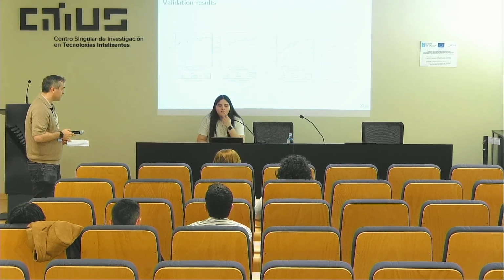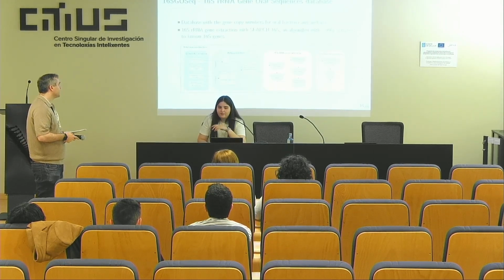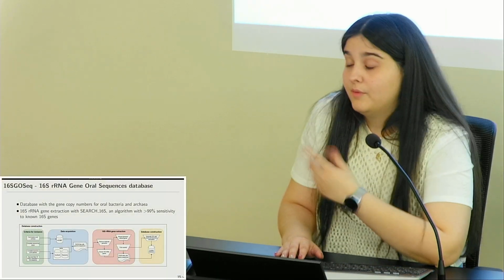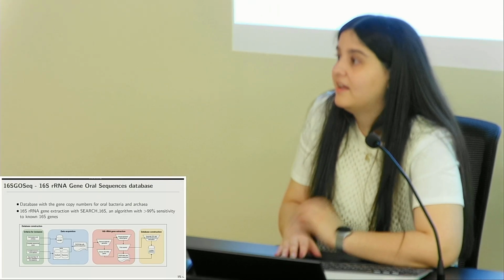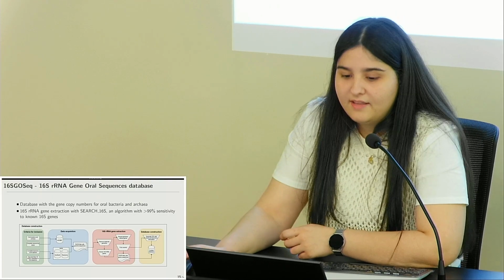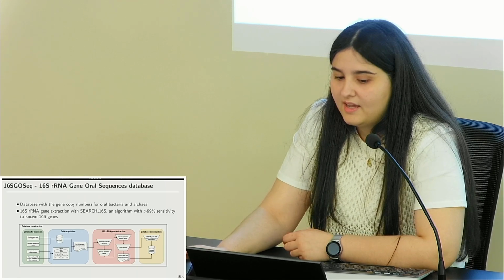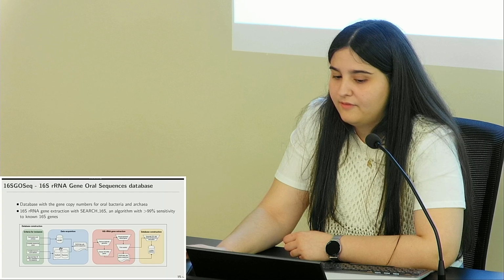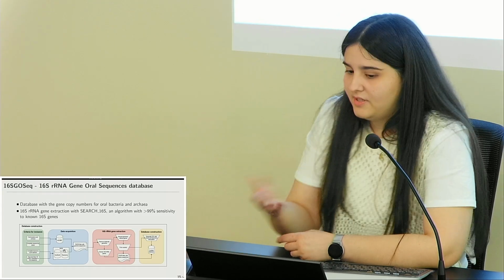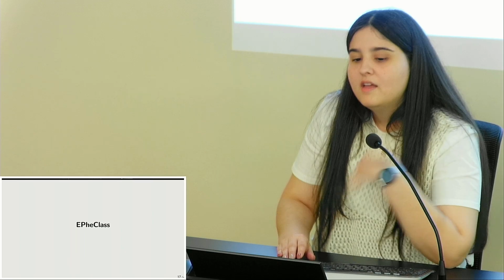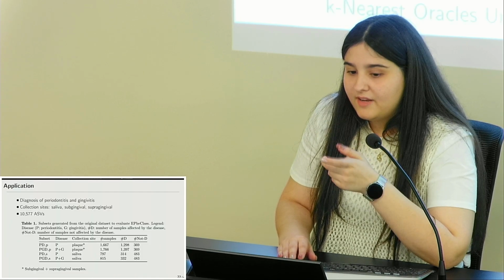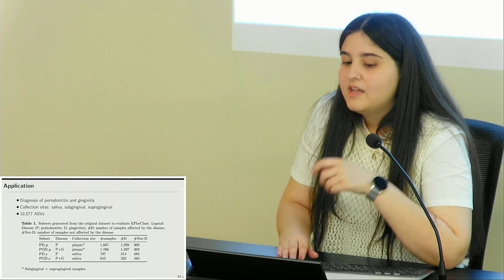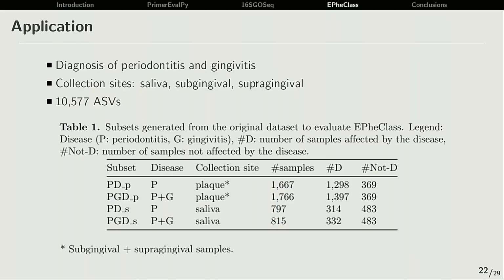So, okay, for example, for the creation of the gene copy number database, we used complete genomes of oral bacteria and archaea that are already publicly available in databases like eHOMD and GenBank and Taxonomy from the NCBI. So anyone can access them. For the data used in FClass to diagnose periodontitis and gingivitis, the samples were actually obtained by our research group, those from the Faculty of Medicine and Dentistry.